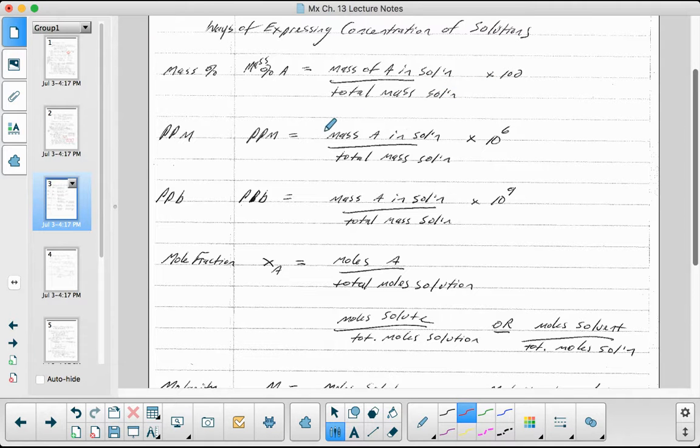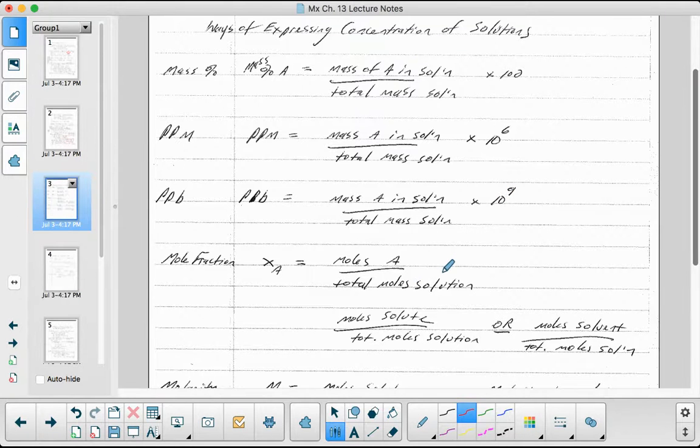Parts per million is also widely used: the mass of A over the total mass of the solution times 10 to the 6th power. Parts per billion is the same, but times 10 to the 9th power. You only have to know one of these equations and then know that parts per million is times 10 to the 6th, and parts per billion is times 10 to the 9th.